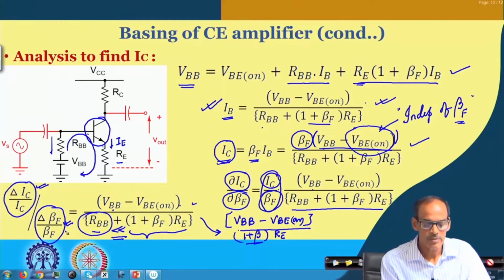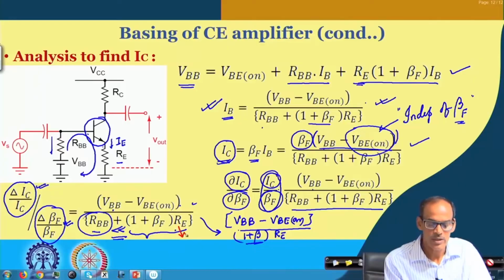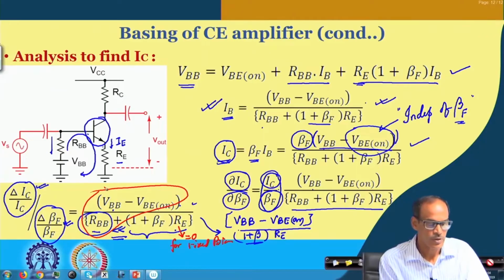On the other hand, if I consider the same equation for the fixed bias, where RE equals 0, the dependency of the collector current with respect to beta f, or the fractional change in collector current divided by the fractional change in beta f, is only this one.